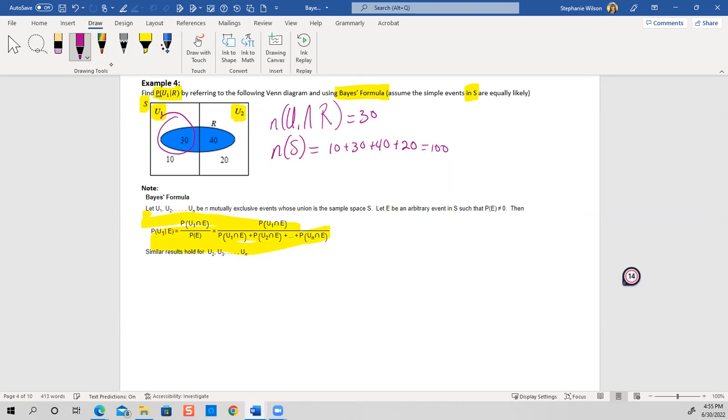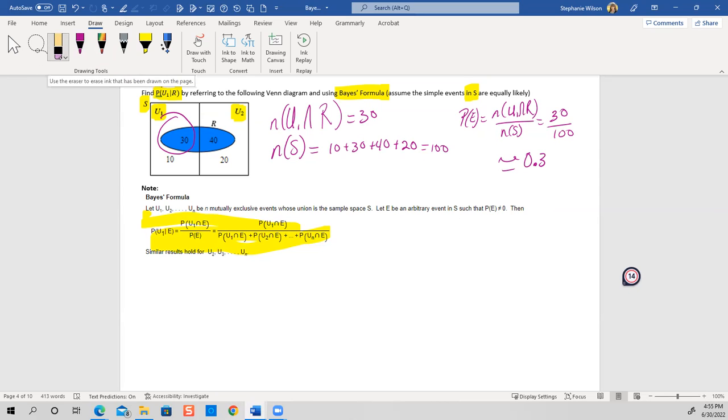Let's figure out the probability. When we figure that out, the probability of this event happening, right? We're going to have this here. So I got 30 divided by 100, which is 0.30. All right, but you don't have to put the 0 on the end because it's just a trailing 0.